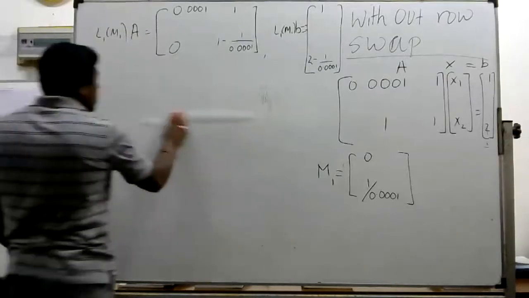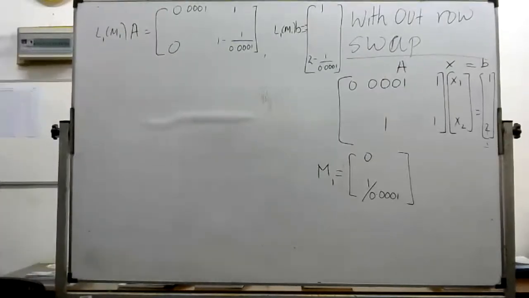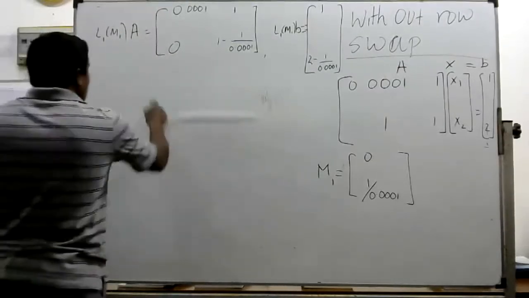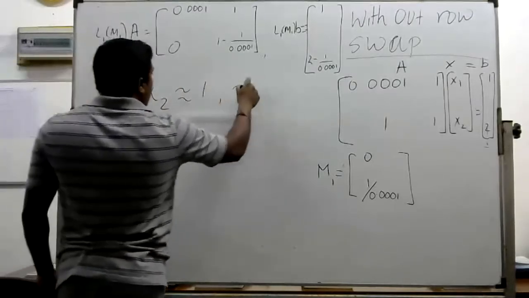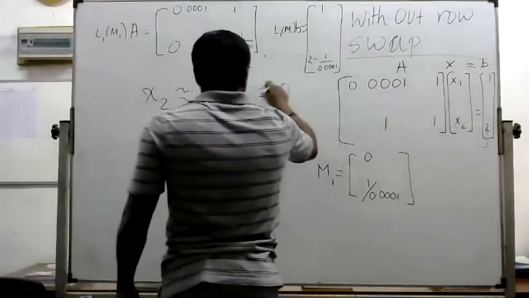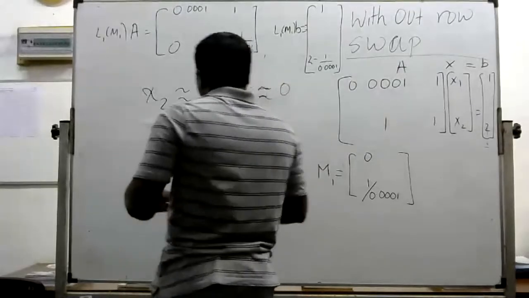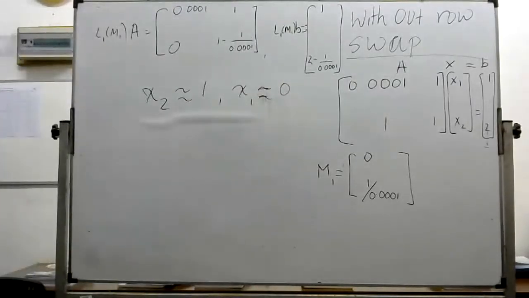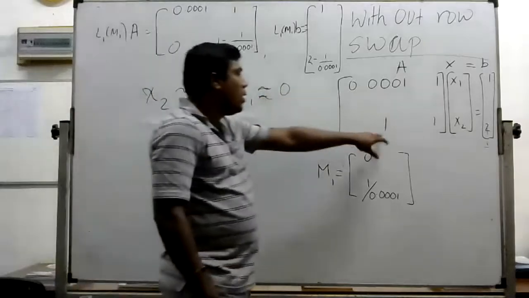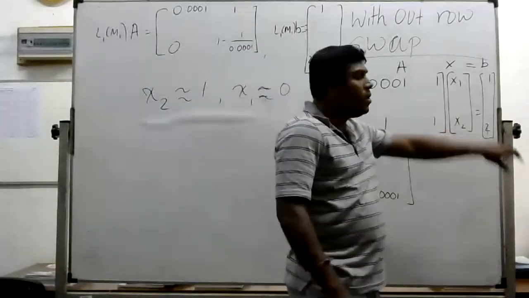When you solve this, you will end up with x2 approximately equal to 1, so x1 is approximately equal to 0. But that is not a correct solution, because if you put x1 and x2 as 0 here, you get 1 equal to 2.